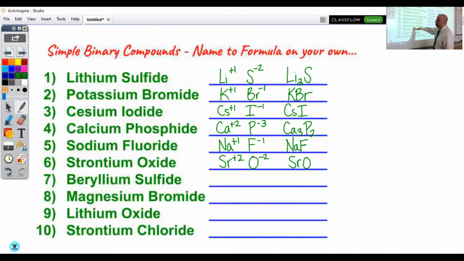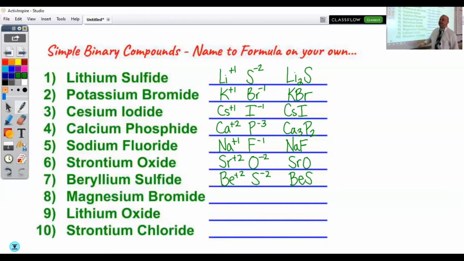Next, beryllium, group 2 on the periodic table. So we have Be with a +2 charge. Sulfide, that's in group 16, so a -2 charge. +2, -2 cancel each other out, so we're left with just BeS.